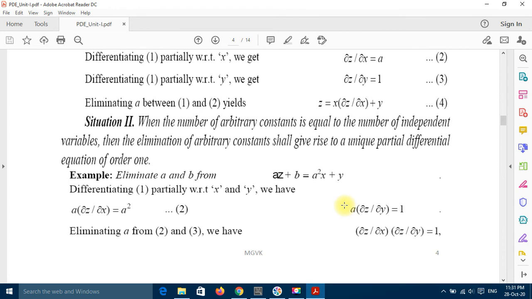Now come on to situation number 2. Situation number 2 says that when the number of arbitrary constants is equal to the number of independent variables, then the elimination of arbitrary constants shall give rise to a unique partial differential equation of order 1.